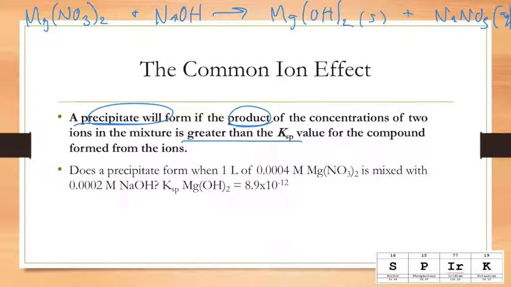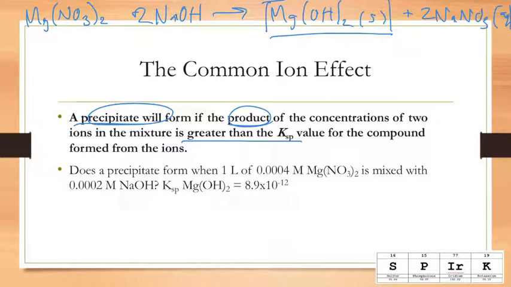And to balance our equation, we need a 2 here and a 2 there. So what we need to determine is, will this precipitate actually form? And to do that, we're going to find the product of the concentration of the two ions mixed together, Mg and OH minus.